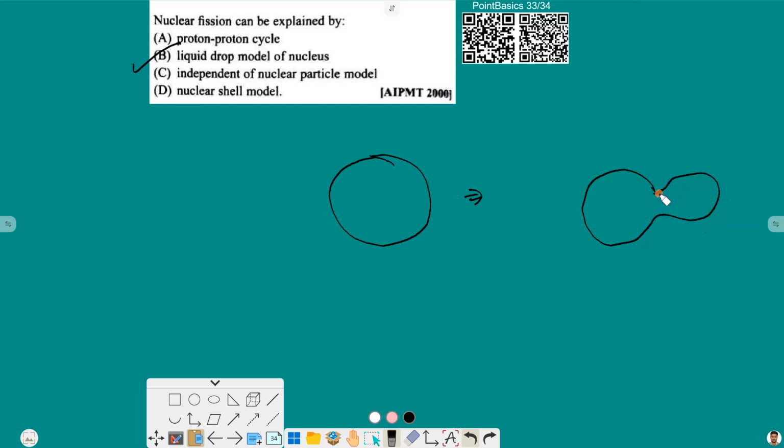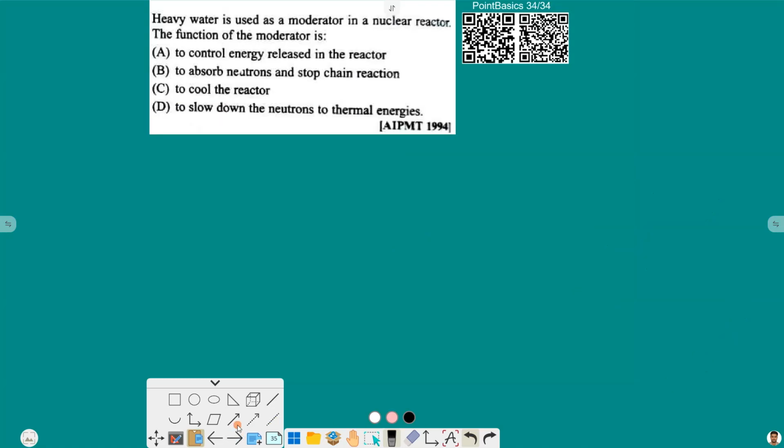Now we have this thin section developing here, and soon this section will break, and we will have two individual nuclei, and the smaller nucleus will go outside, known as alpha decay sometimes, or some other element. So that's the basics of the liquid drop model. Coming to the last one.